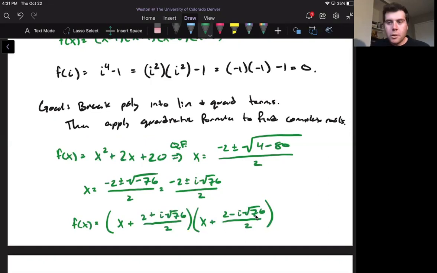And this always works, where it factors down into linear and quadratic terms, when we have real coefficients for a polynomial, meaning when it looks like a sub n, x to the n, plus so on, all those a's in front are just real numbers like 2, 1/2, pi, square root of 5. We don't have any complex numbers out in front.